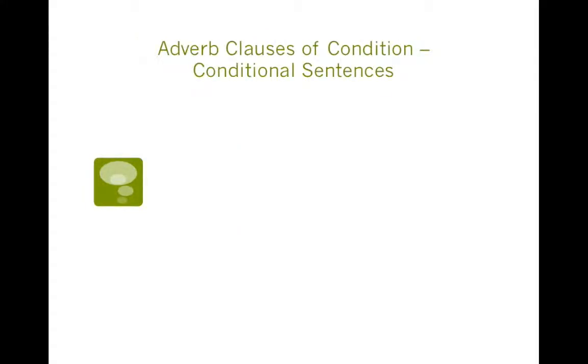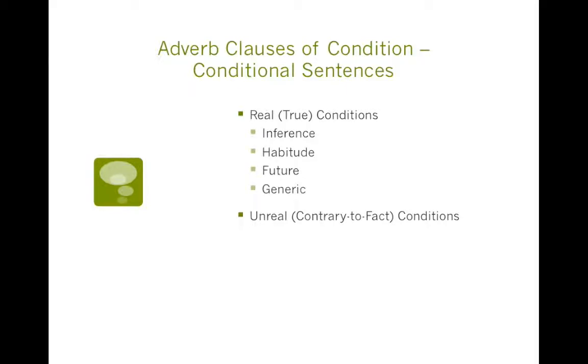So getting started with adverb clauses of condition, conditional sentences. There are two different types. There are real or true conditions, and there are the unreal, contrary to fact conditions. So the real or true conditions are conditions that can be fulfilled. They're real, they're true. Starting with inference, inference is the if-then type of situation. And we'll look at examples of all of these in a bit.